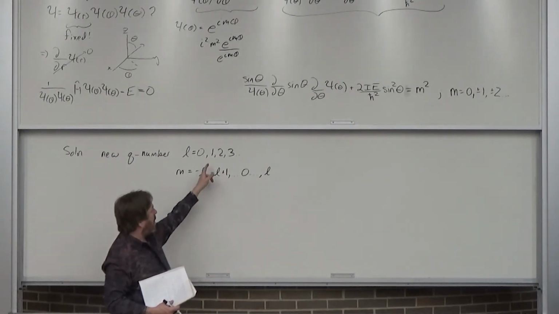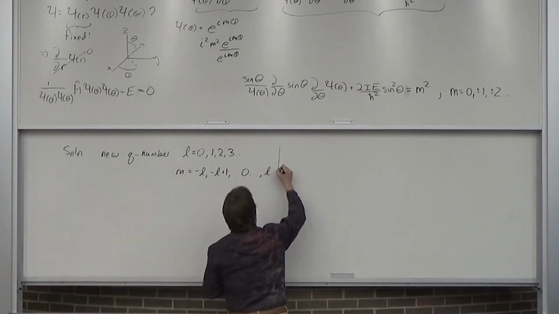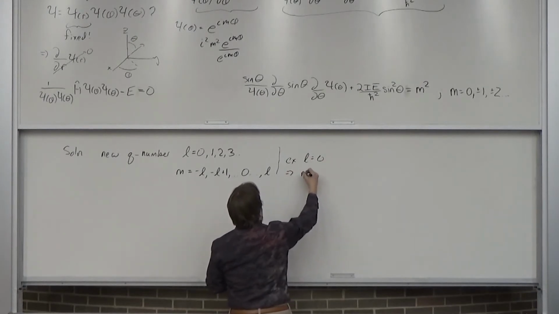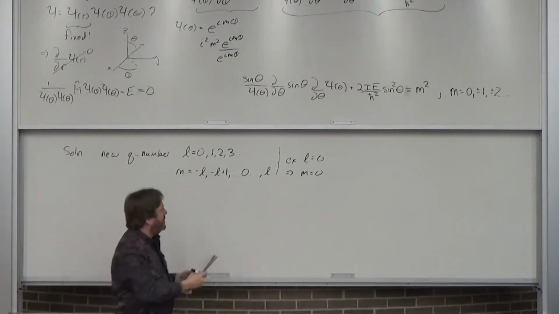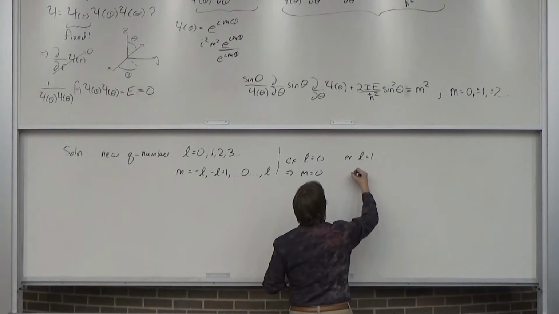Let me write that down. L of 0, therefore m is 0. Again, this dictates that. Let's do another example. L is 1.